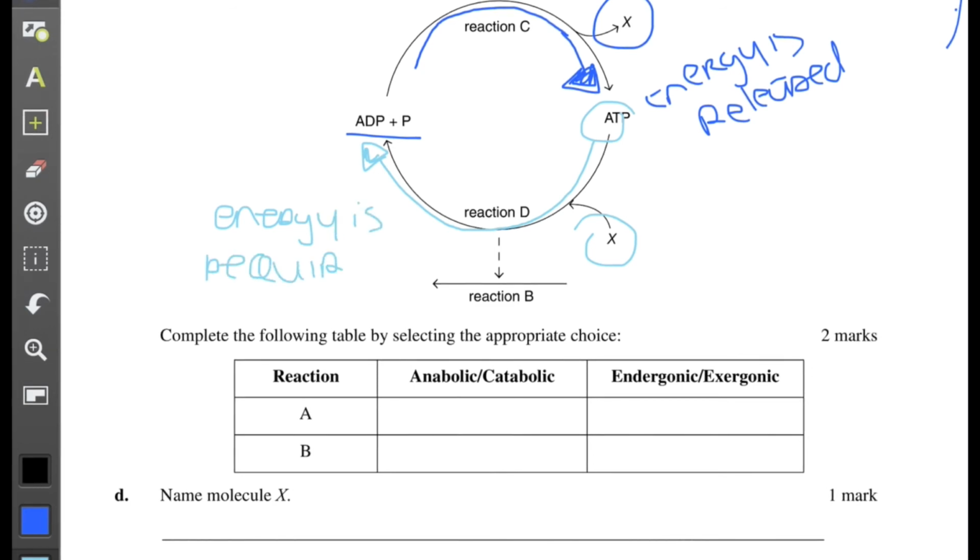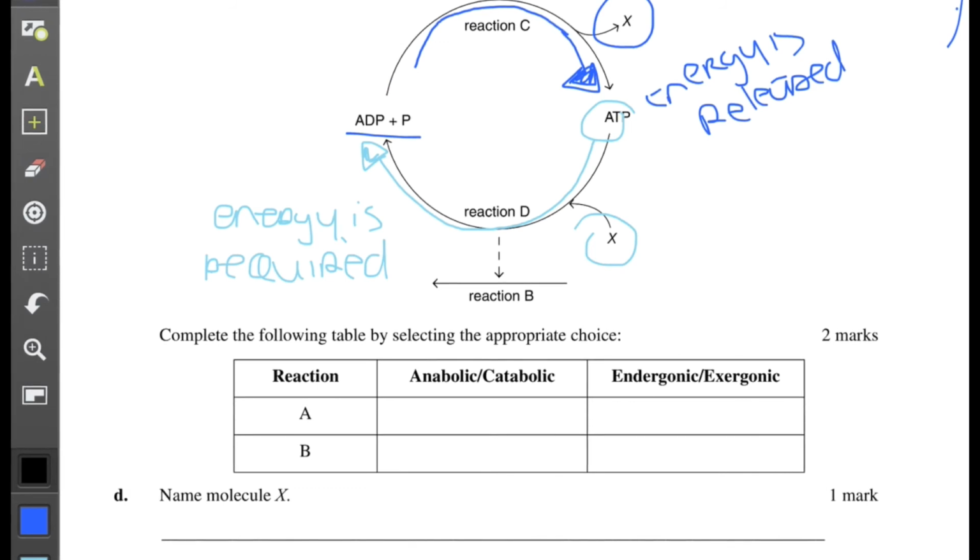If we go to the table below, complete the following table by selecting the appropriate choices. Reaction A, that's here. Is it anabolic or catabolic? We're going to come back to that column. I'll go to the last one. Is it endergonic or exergonic?